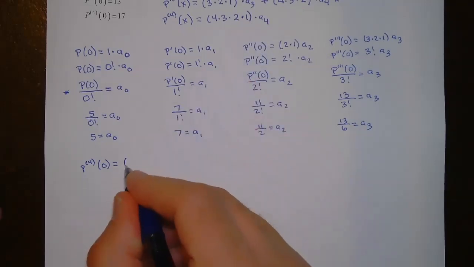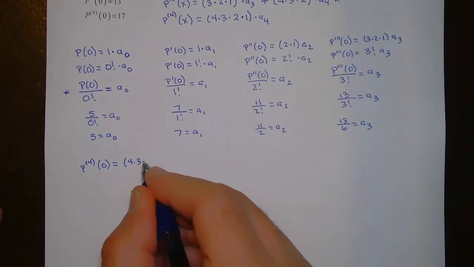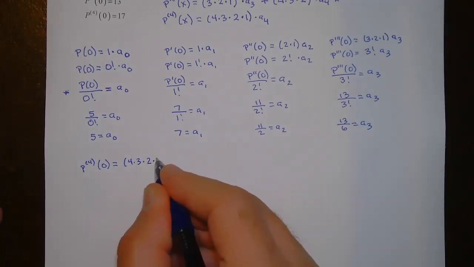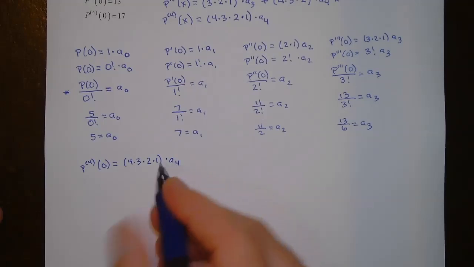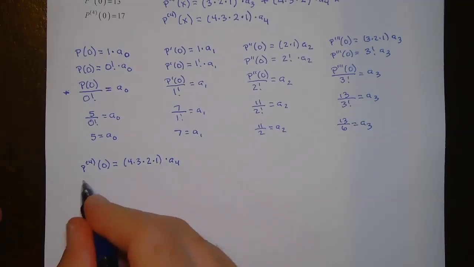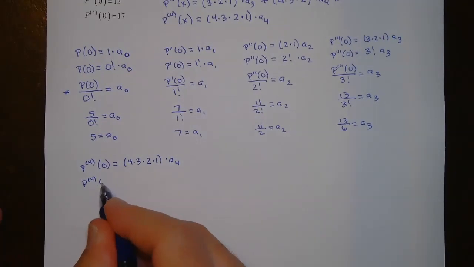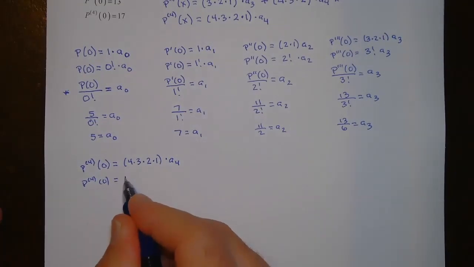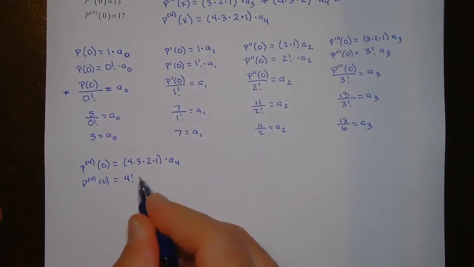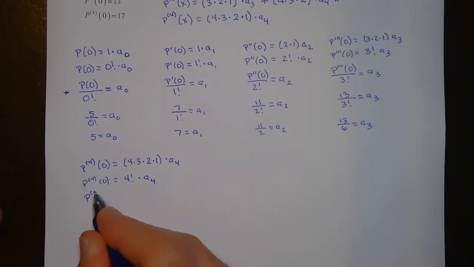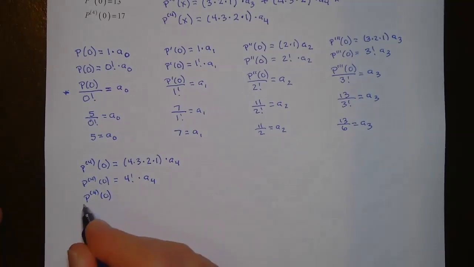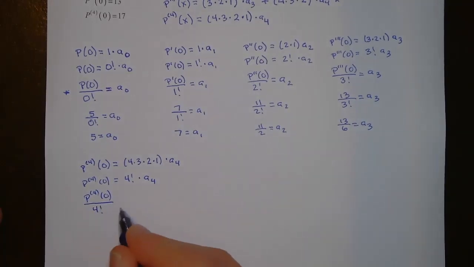Well, that's just 4 factorial. So the fourth derivative at 0 is equal to 4 factorial times a sub 4. The fourth derivative at 0 divided by 4 factorial would equal a sub 4.